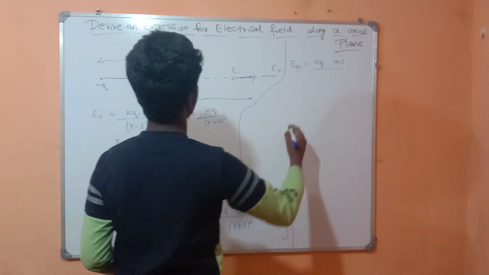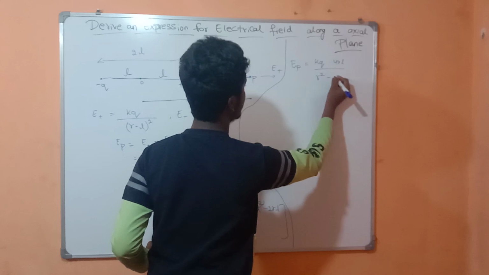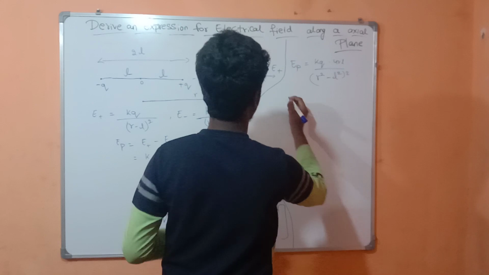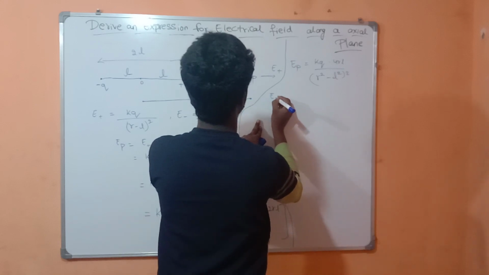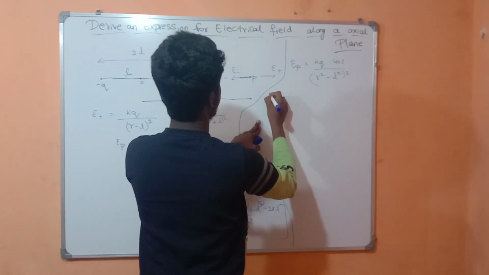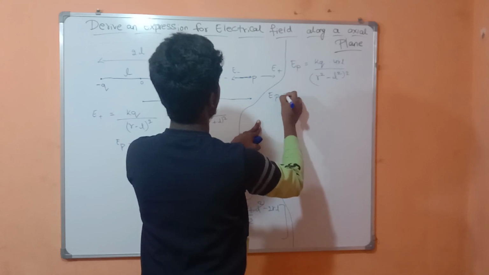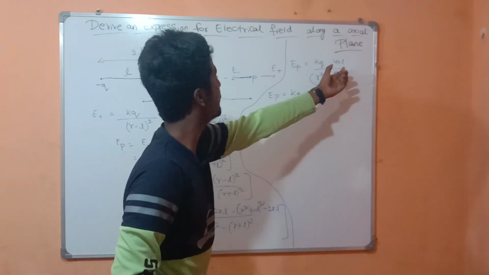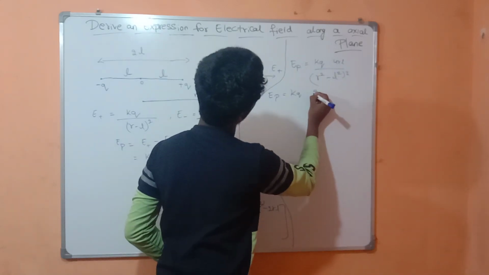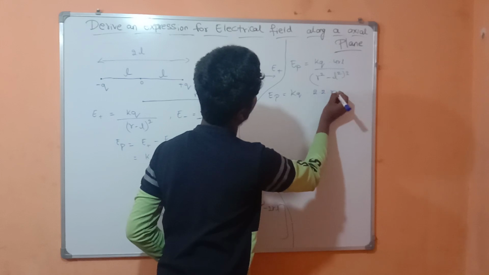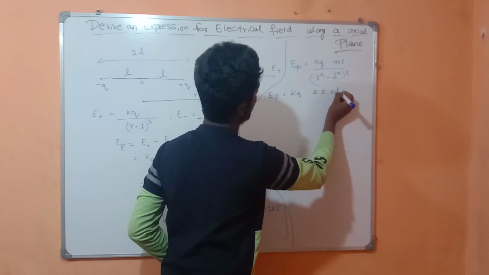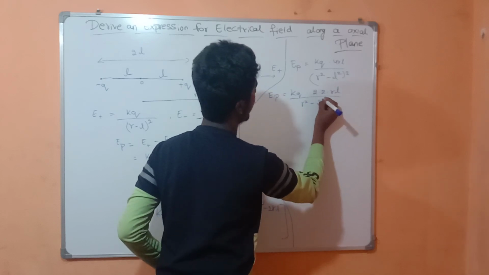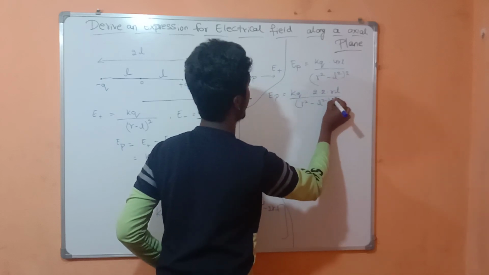Now it becomes (R square minus L square) the whole square, children. EP will be equal to K times Q times 4RL, written as 2 into 2 into R times L, divided by (R square minus L square) the whole square, children.